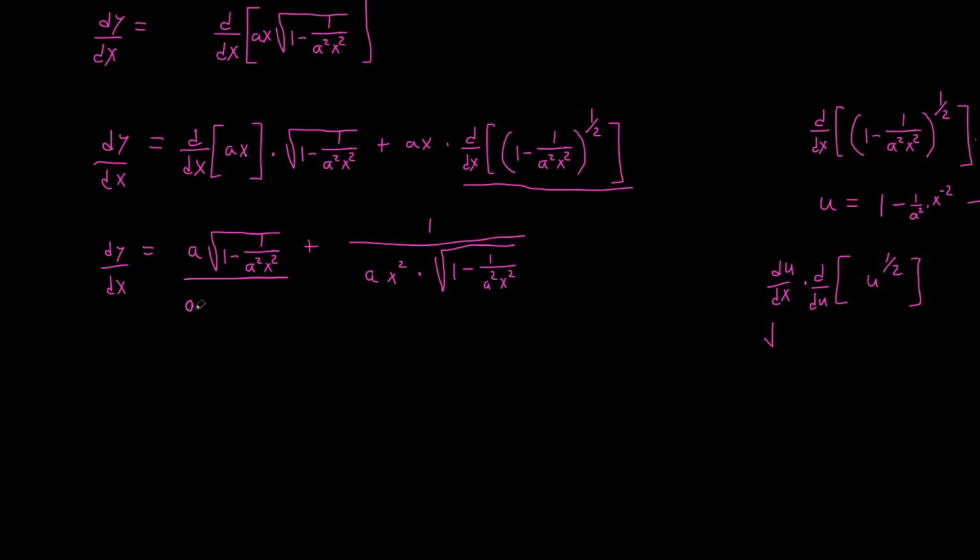So we'll start off with the ax squared. We can turn this into a squared, and then of course get the x squared as well. So a squared x squared times the square root of 1 minus 1 over a squared x squared. We have that factors in the numerator as well, so we can get rid of that square root symbol.